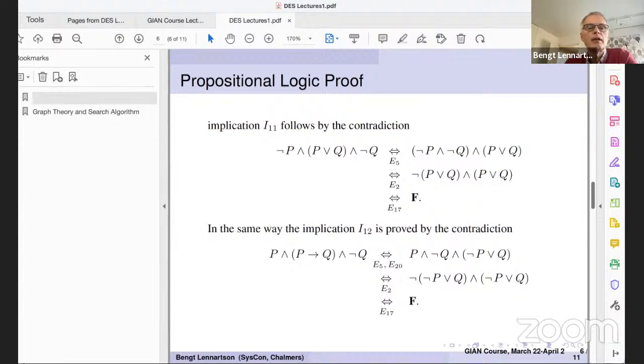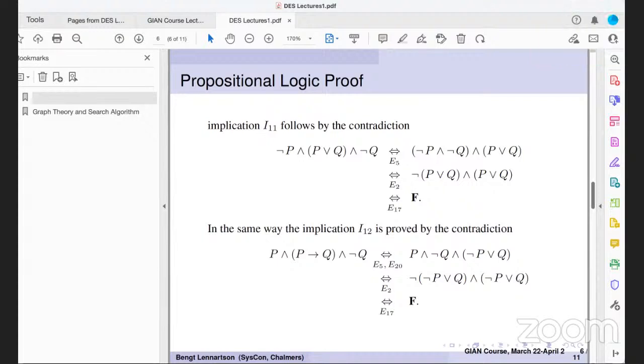Then you take the implication 2 and apply that on the first premise, and then you get P and Q implies Q, and then we combine I12 on 3 and 2, Q and Q implies R, that means R.